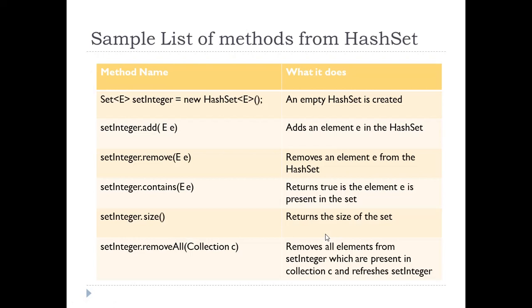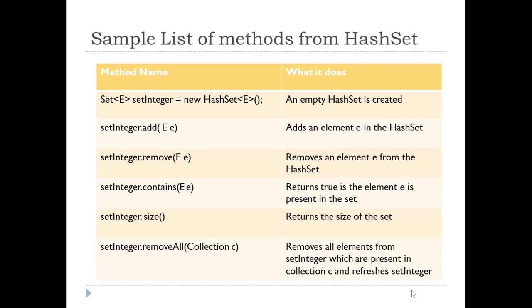For this, you can go through these methods which are available for hash set. You'll find that one or the other method, or maybe all the methods, you will require to use when you do that program.